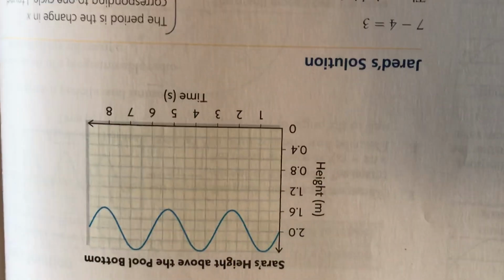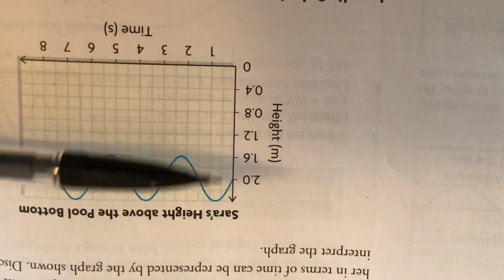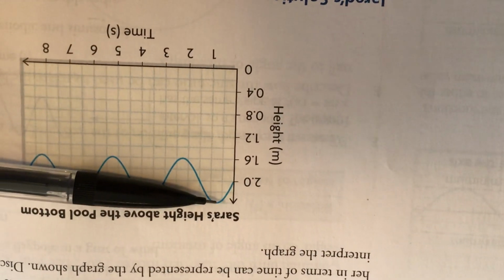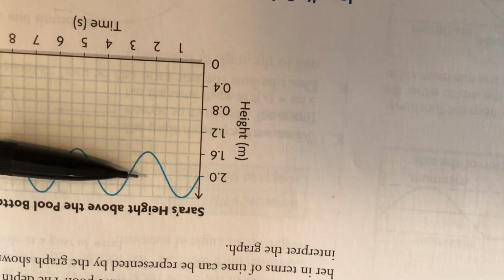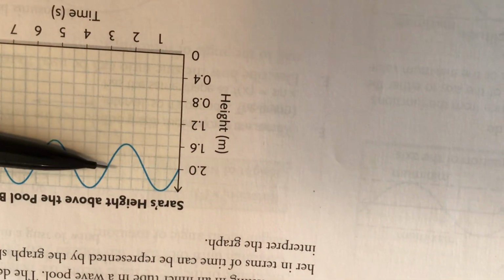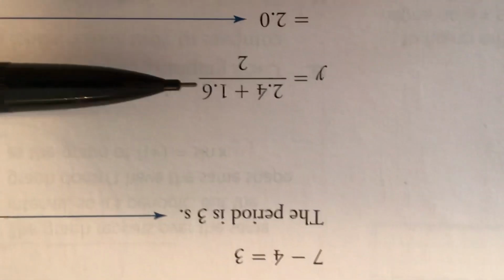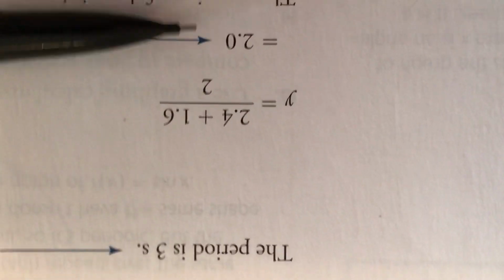The next thing we're going to look at is the equation of the axis. If the highest point is 2.4 and the lowest point is 1.6, we've got to get the middle of that. You can do it visually and see that it's at 2 meters, or you can do it algebraically: add the highest plus the lowest point and divide by 2 to get the average.